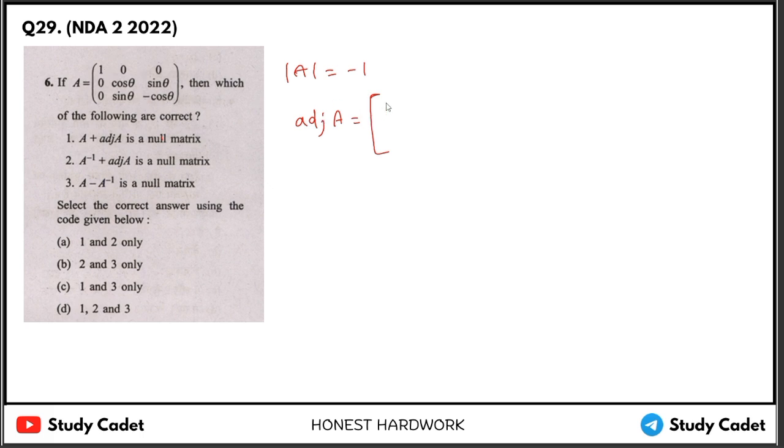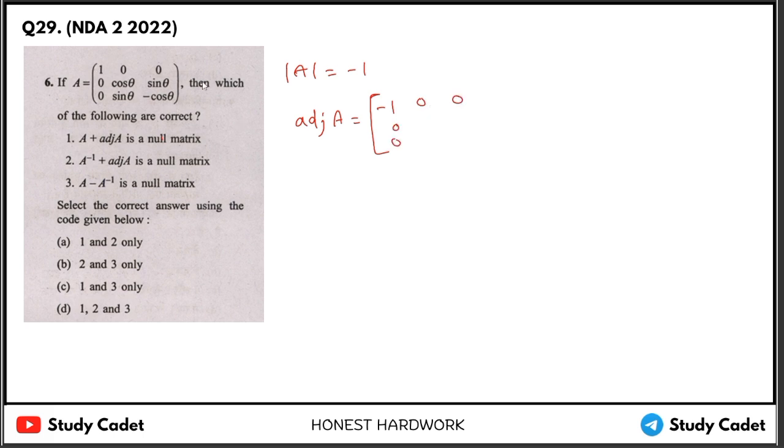Cos is minus cos square theta minus sin square theta, that is minus 1. Okay, and 0, so this will be 0, this is 0, this is 0, this is 0.